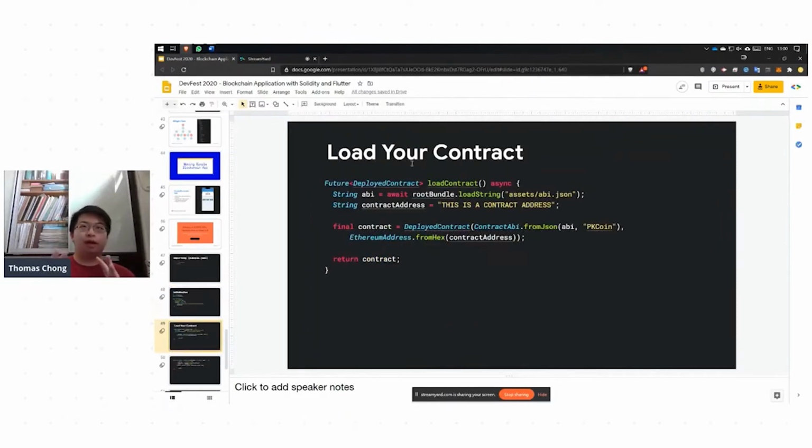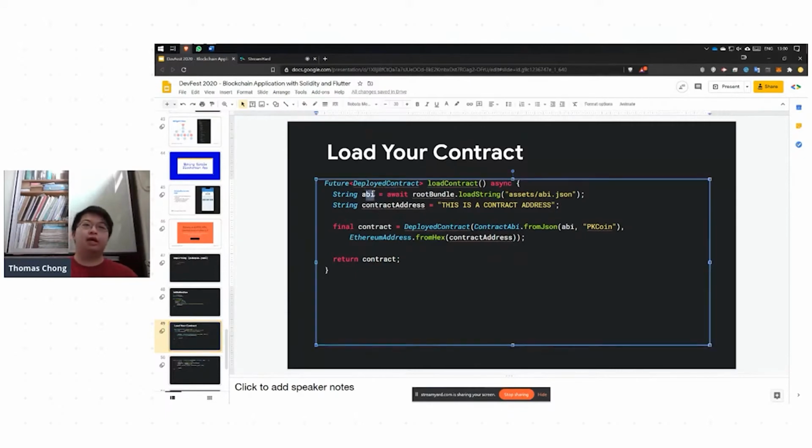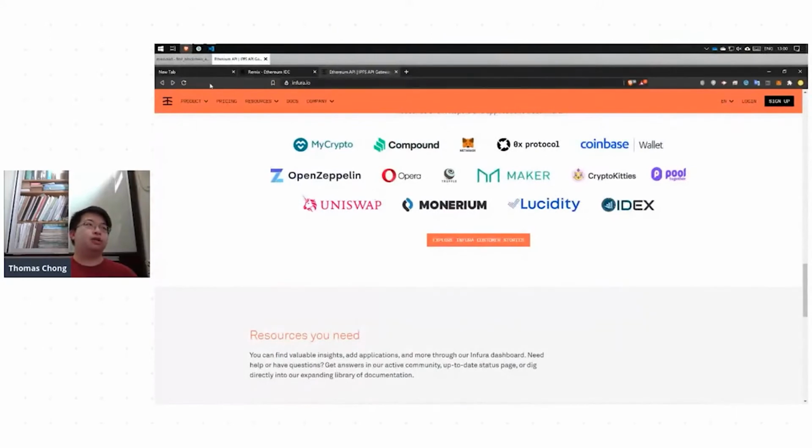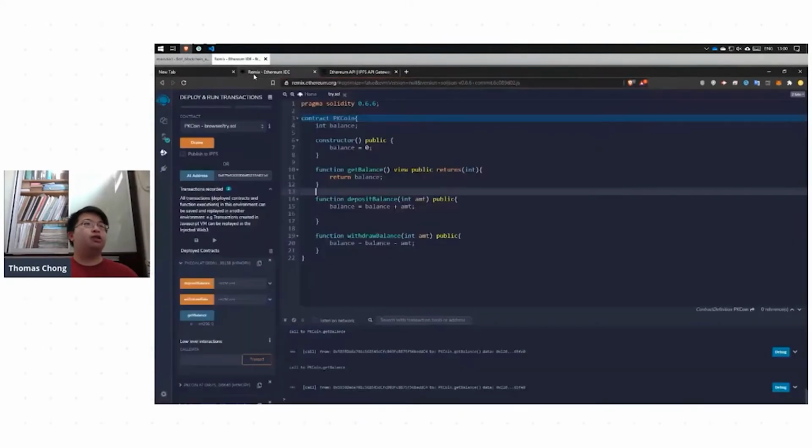And when you load your contract, we need to use something called the ABI. The ABI is an interface that you need to connect with Solidity. Let me open this. So this is the Remix IDE.